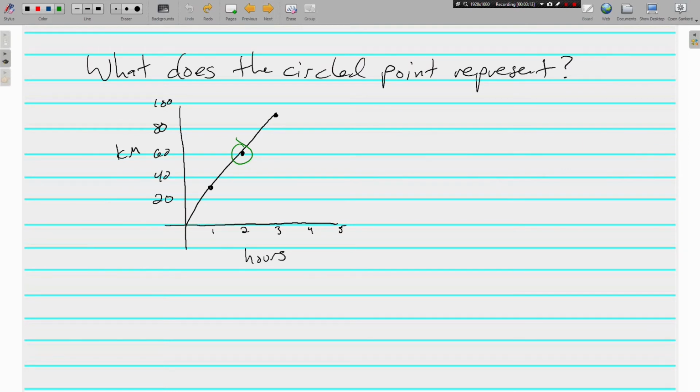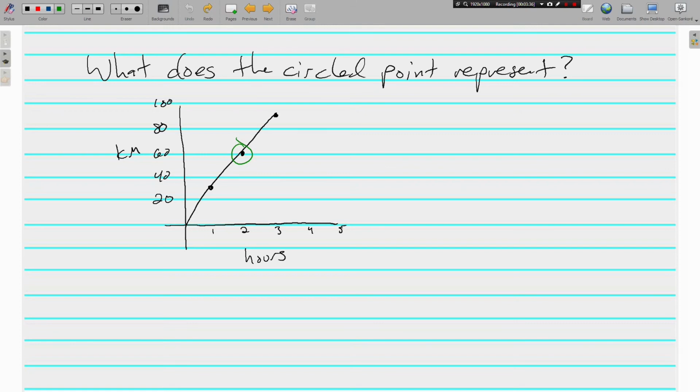What does the circled point represent? Feel free to pause and copy the graph down before you listen to me explain. On our x-axis we have hours, and on our y-axis we have kilometers. And on our line, we've got our data: 30 kilometers in 1 hour.